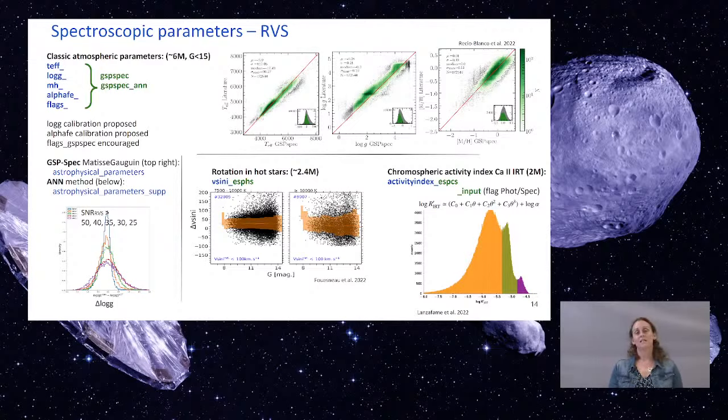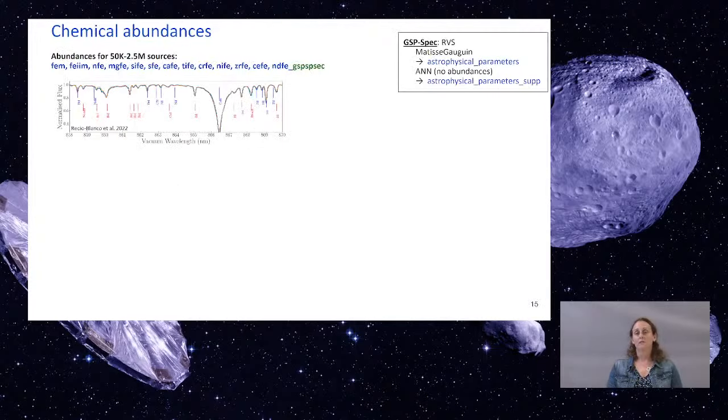The activity index is measured directly from the spectra, but it is important to account for the temperature. If you want to compare values, you need to account for the temperature, which is why you need to convert to this value.